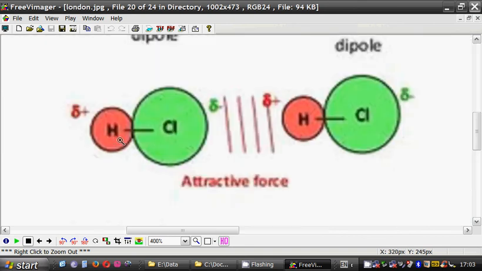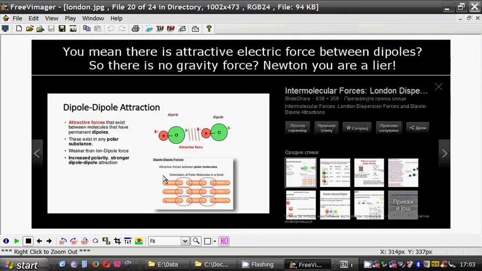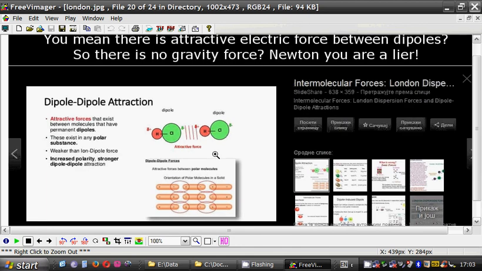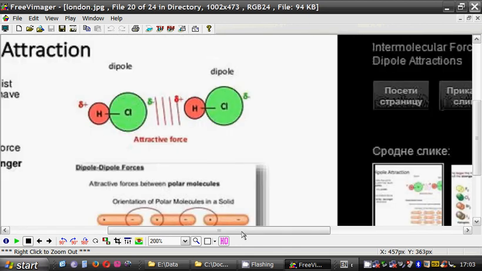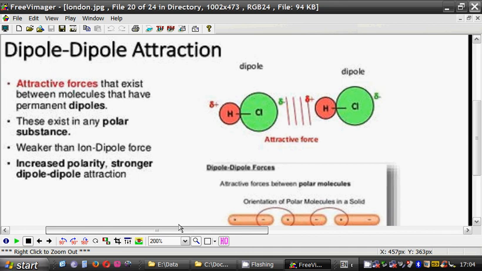In this example we have table salt, a molecule made from hydrogen and chloride atoms. Let me zoom out. Okay, so this is what gravity really is: this force between two dipoles, nothing else.